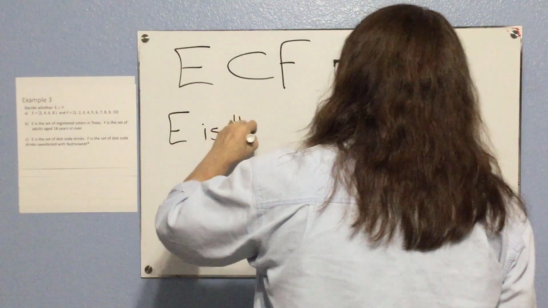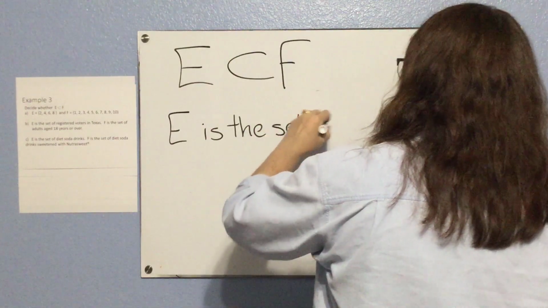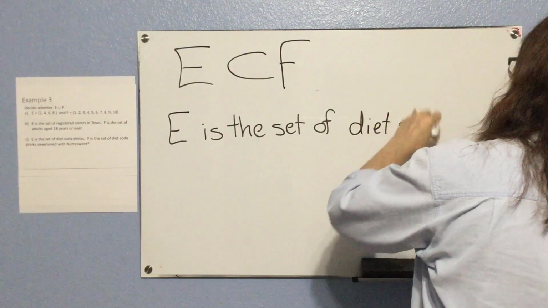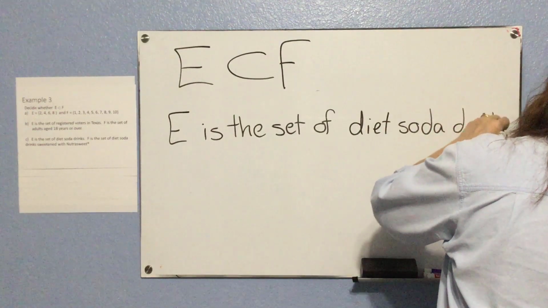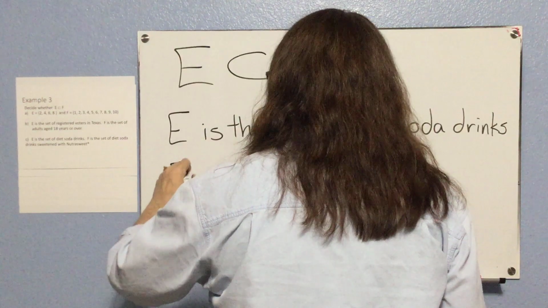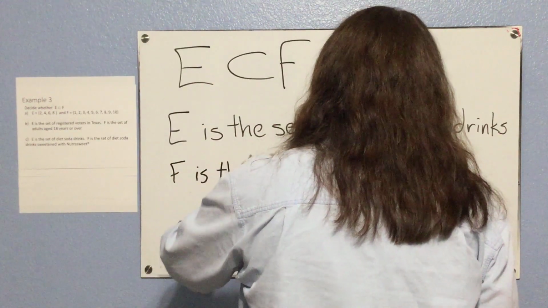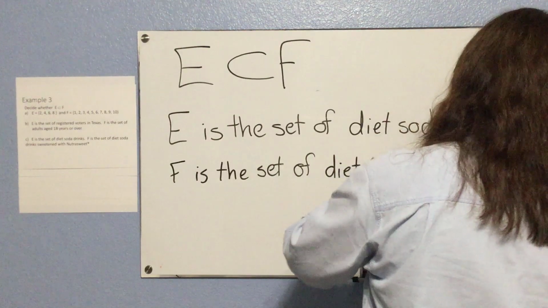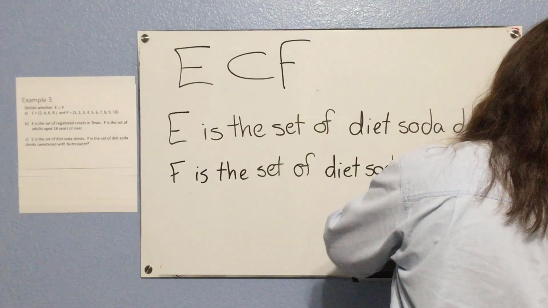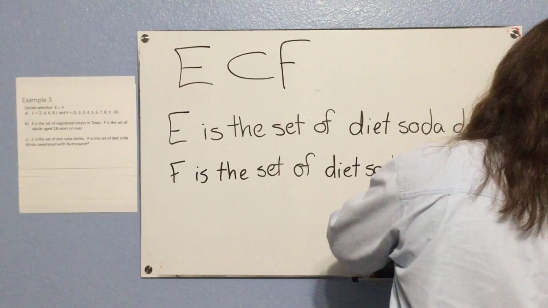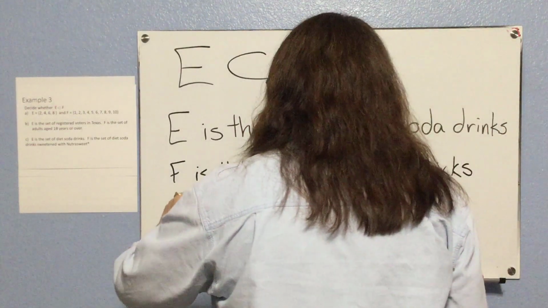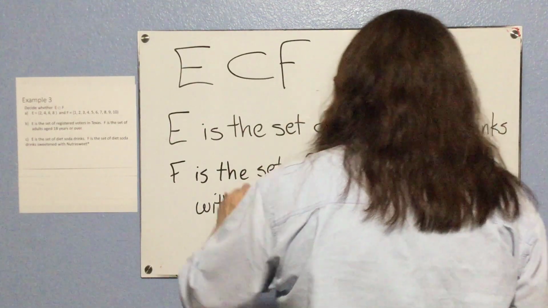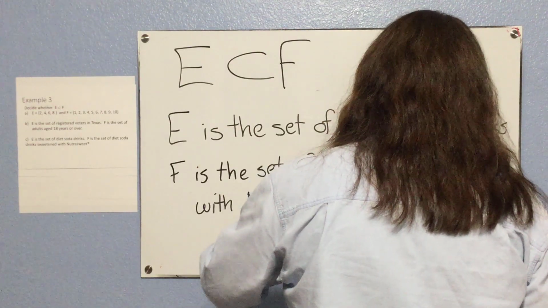E is the set of diet soda drinks. And F is the set of diet soda drinks with NutraSweet.